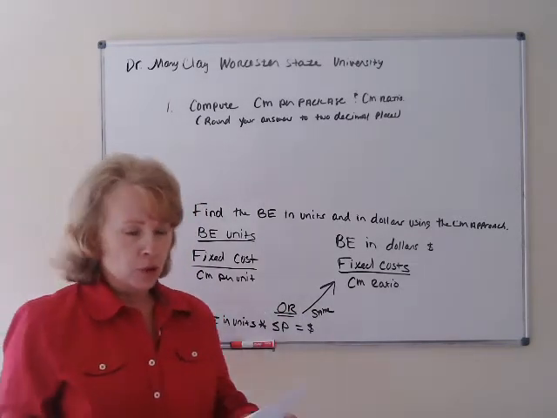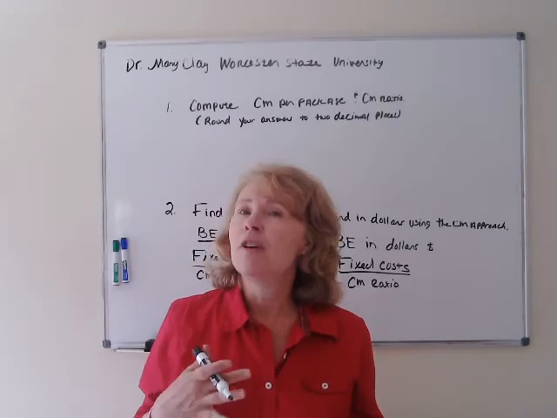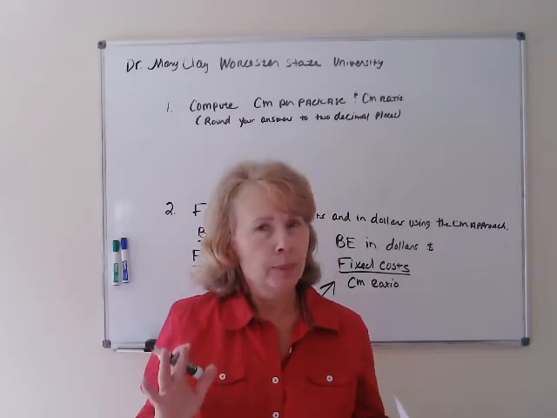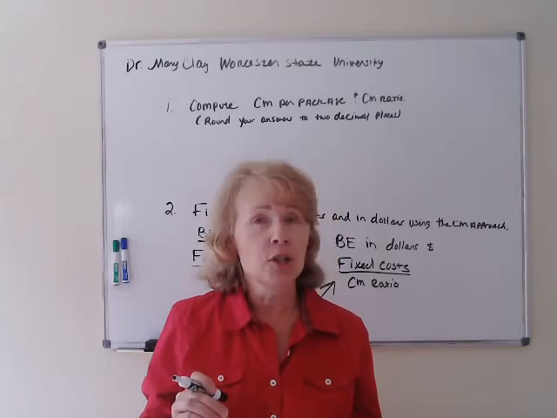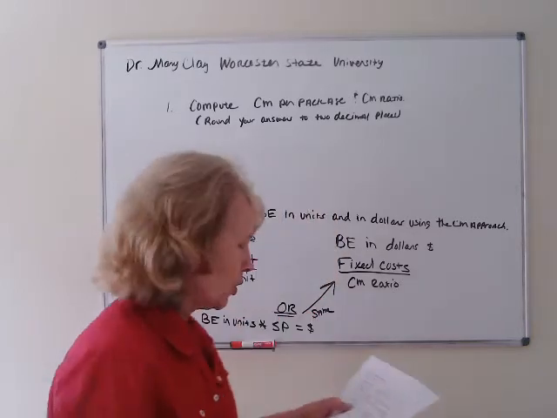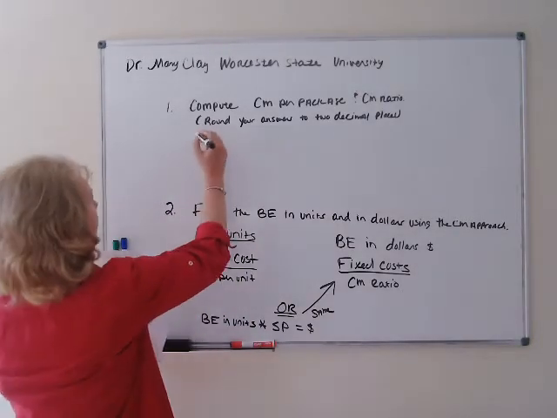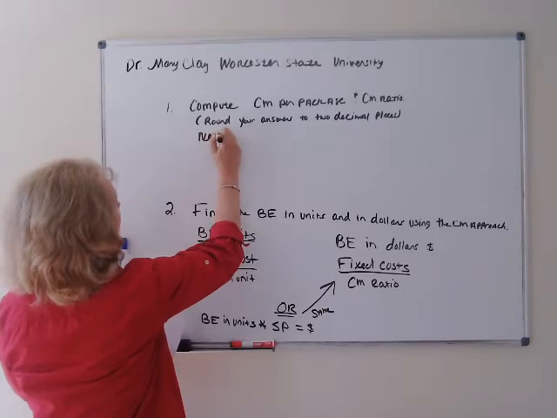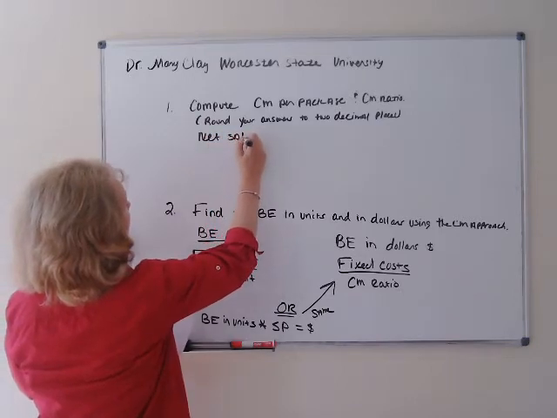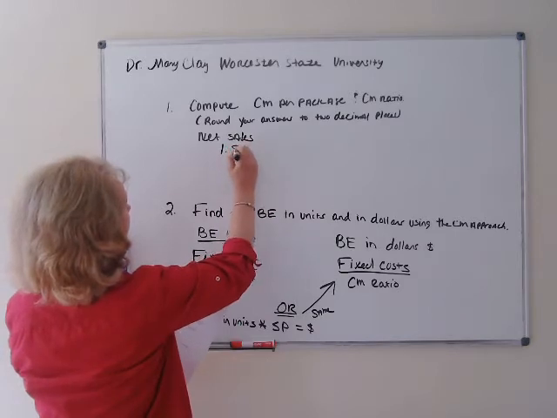Contribution margin is always net sales minus variable cost. Everybody remember that. Contribution margin does not include fixed costs. So we go over here and put in net sales revenue, which is $1.80.